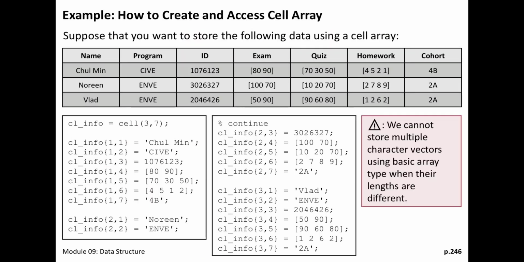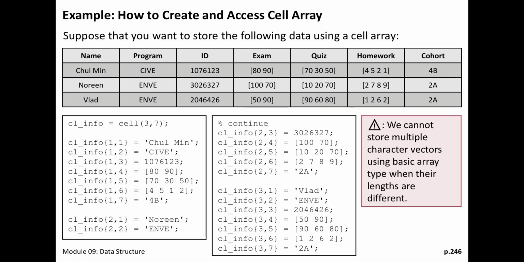So before our string data type was introduced in 2016, text should be stored in the cell as a form of a character vector. Why? In one of the tutorial problems, we can store multiple character vectors in an array.